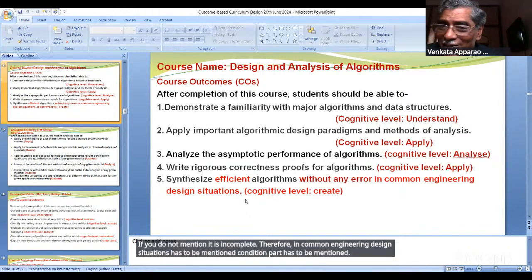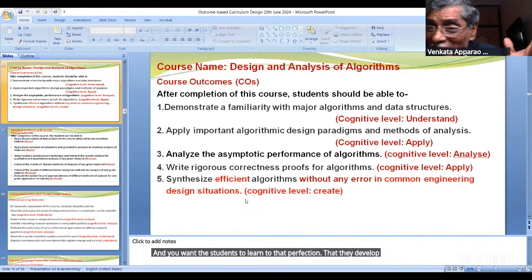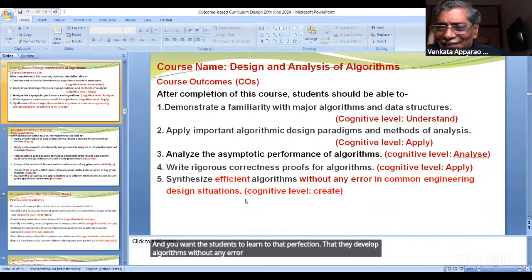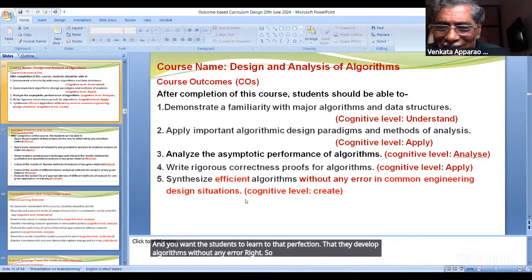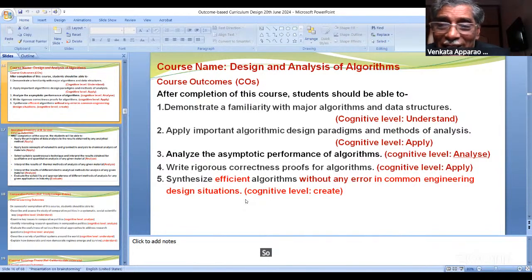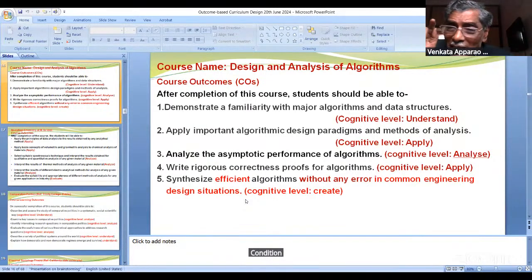And you want the students to learn to that perfection, that they develop algorithms without any error. Right. So that is criterion part. So fifth CO indicates that the CO consists of performance part, condition part, and criterion part.